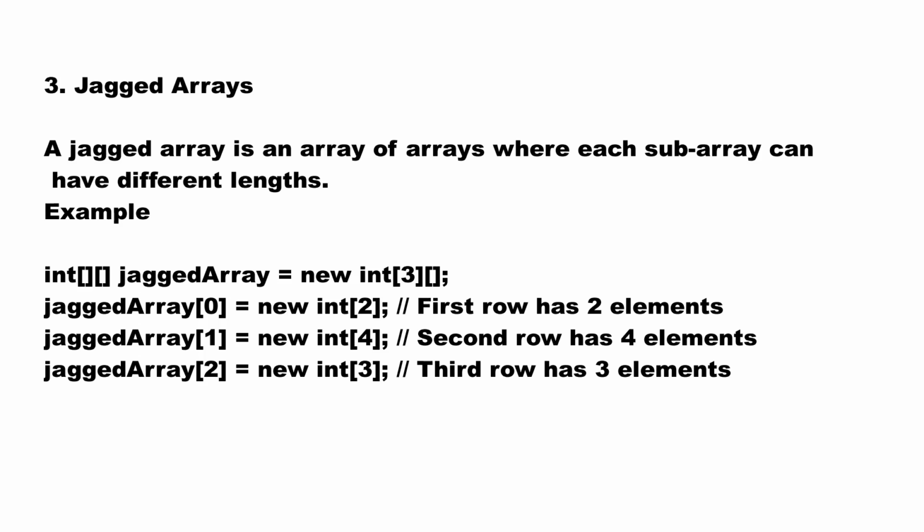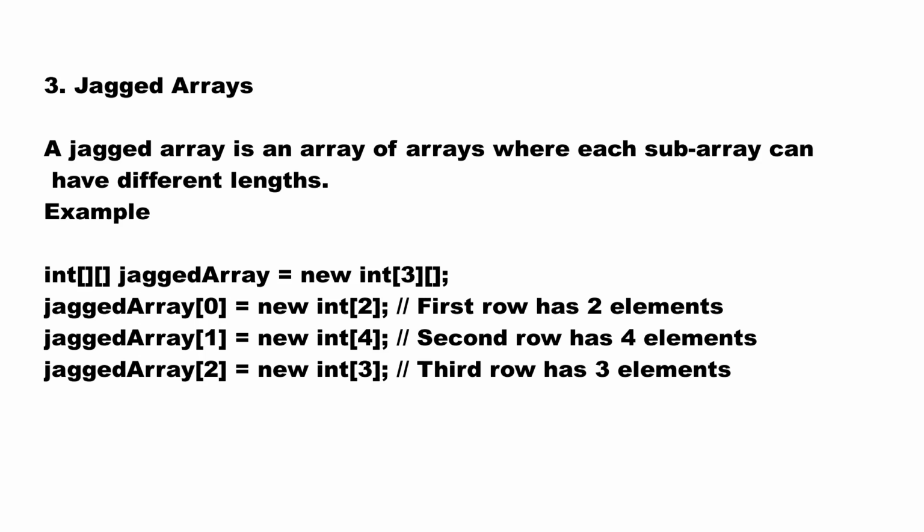Now let's see. We have jaggedArray[0] equals to new int[2]; comment: the first row has 2 elements. The first row here has 2 elements but the column is empty, it is not fixed. Now we have jaggedArray[1] equals to new int[4]; comment: the second row has 4 elements.